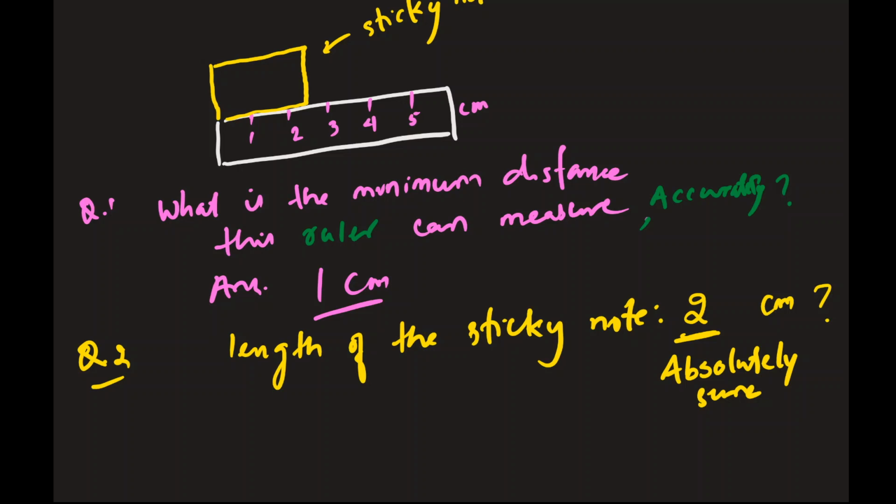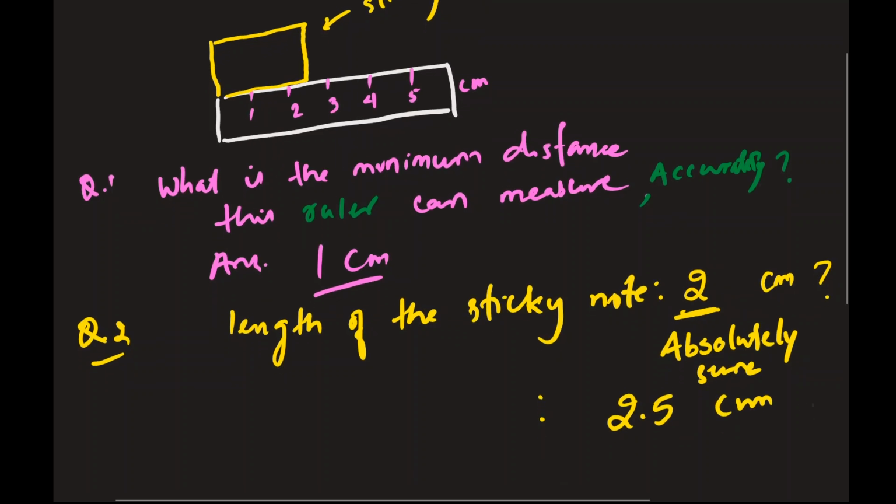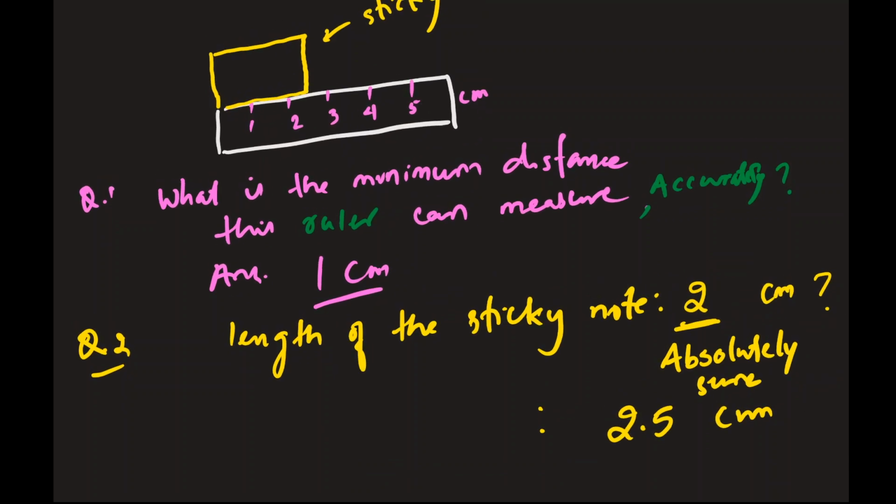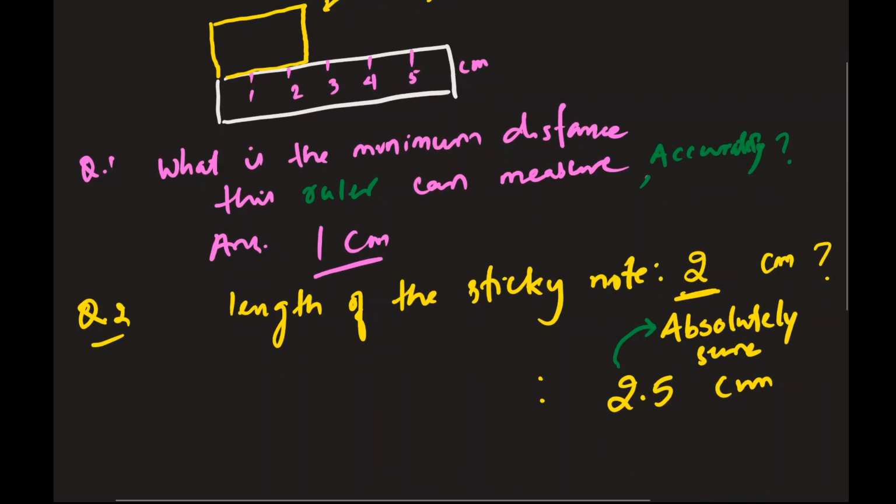So I'm going to say it is about 2.5 centimeters. So look what I did there. The first portion of this number, which is 2, I'm absolutely sure about, and the second portion, I have added one extra digit.